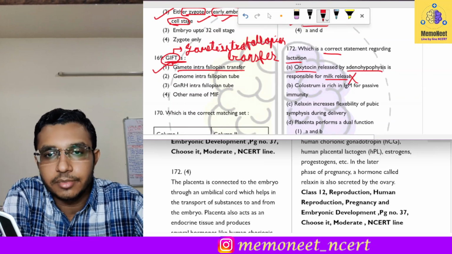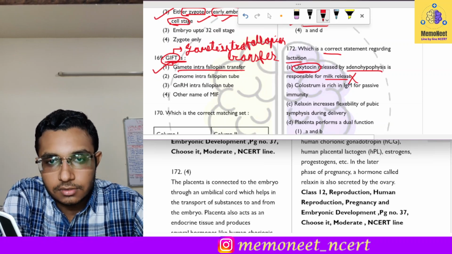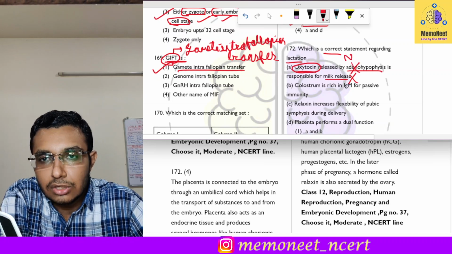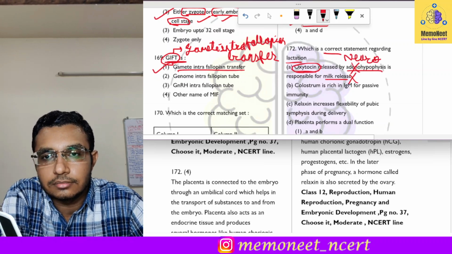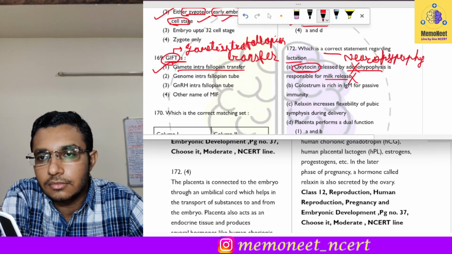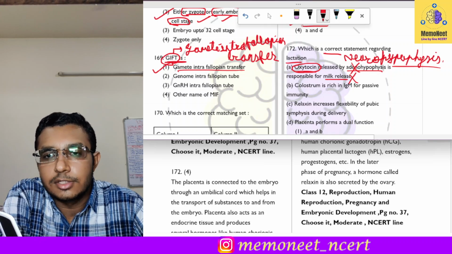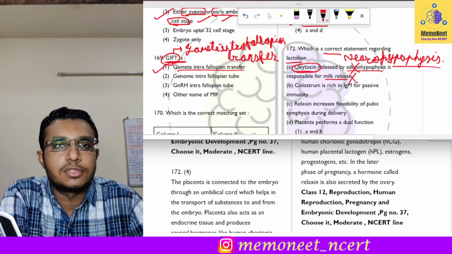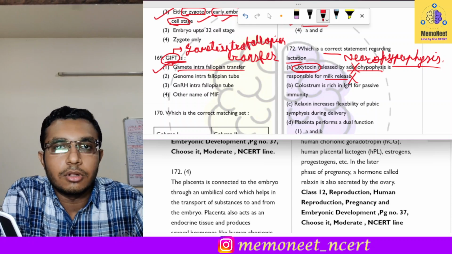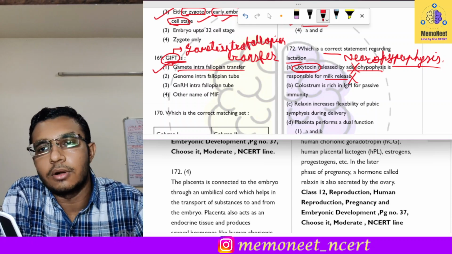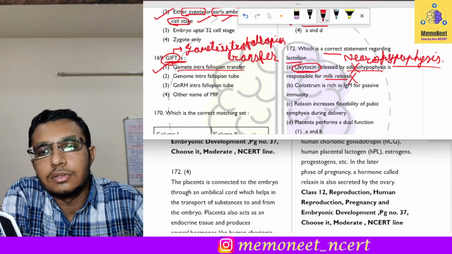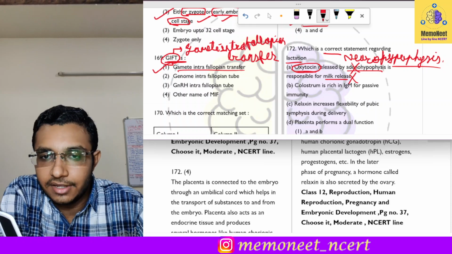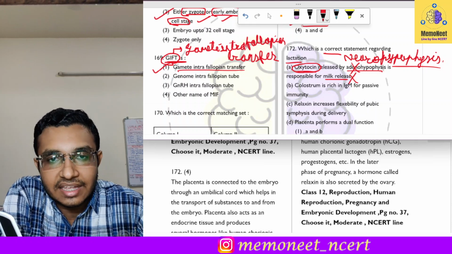No, this statement is incorrect because the oxytocin which is released by neurohypophysis, okay, is responsible for milk release. Okay, see, oxytocin is released by the posterior pituitary, or it is also called as the pars nervosa or the neurohypophysis. So oxytocin is not released by adenohypophysis, therefore statement A is incorrect.